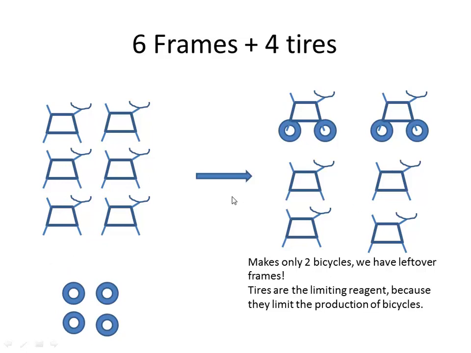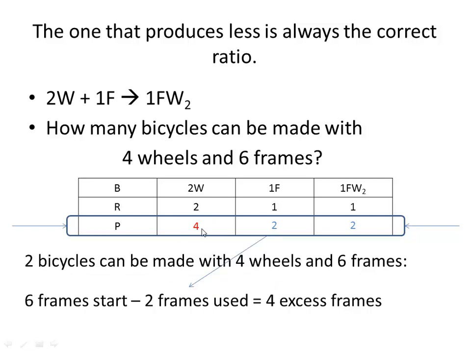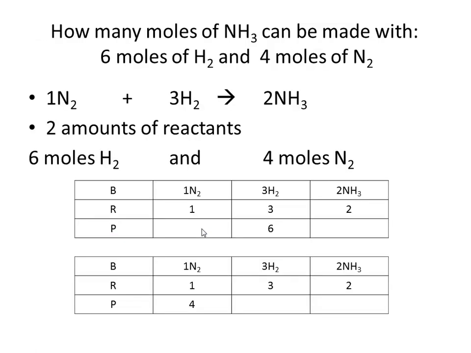So I'm just going to have extra frames. We can get rid of this one. The one that produces less product is always the correct ratio. So this is my true one. How many bicycles can be made with 4 wheels and 6 frames? 2. I have to discount this one down here because my limiting reagent is wheels. Make sense? And I have 4 excess frames.